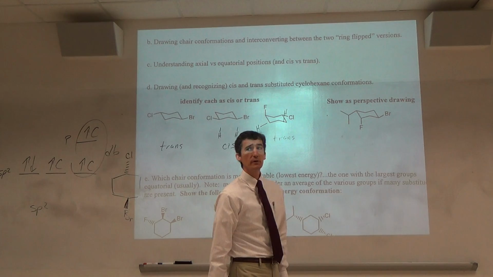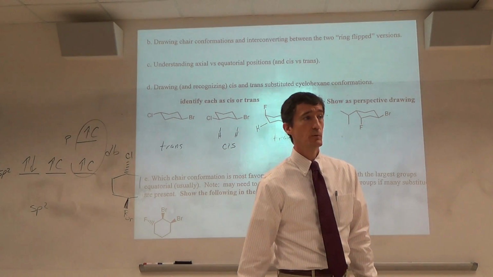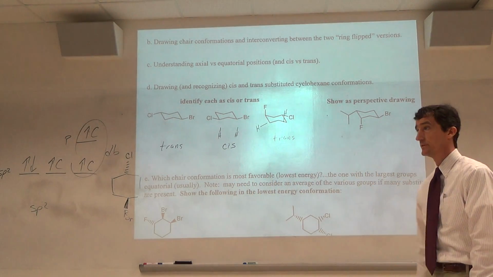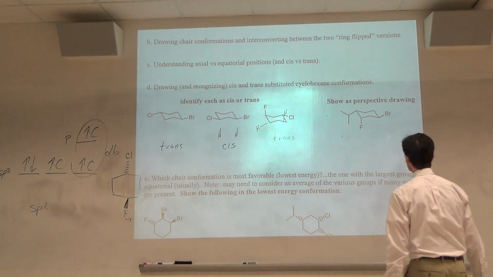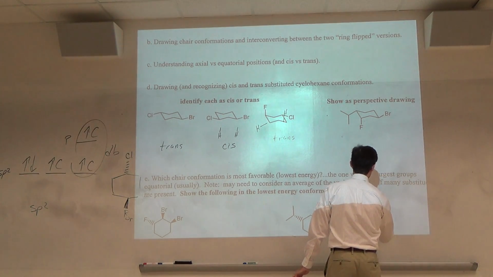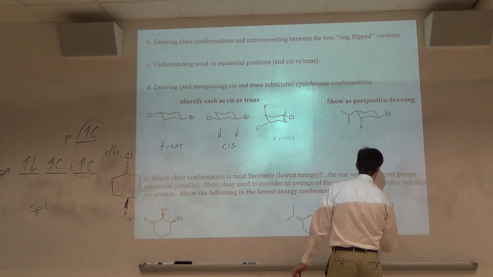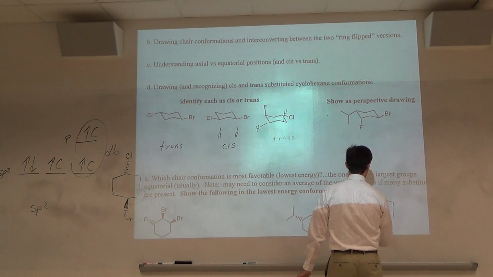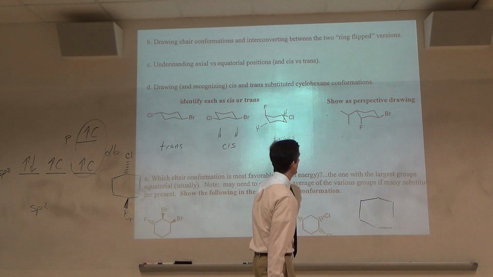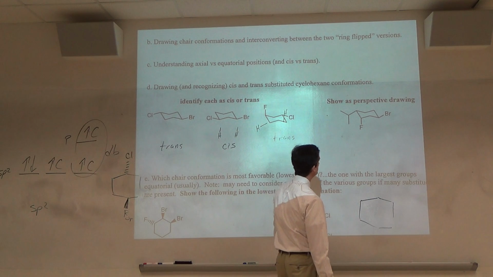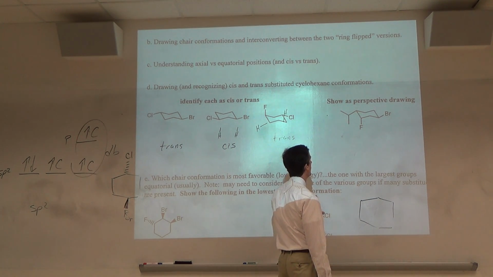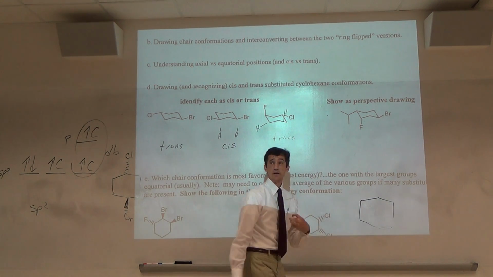Now a bromine, a fluorine, and, what's the other group? Common name of the other group? Isopropyl. Now I'm just going to do it how I would do it, okay?